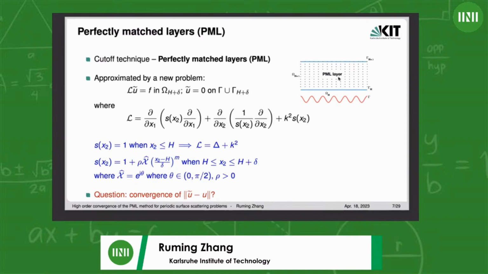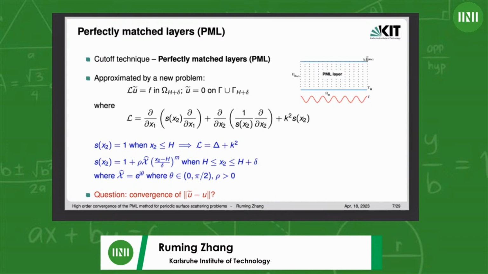This is the PML layer. Within the layer, the wave is absorbed very fast, so on the upper surface it almost vanishes.